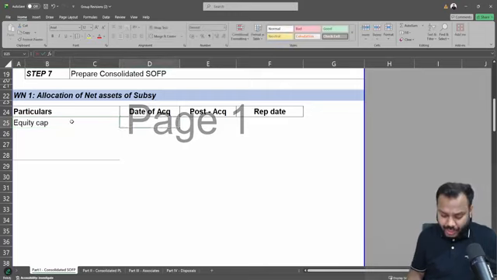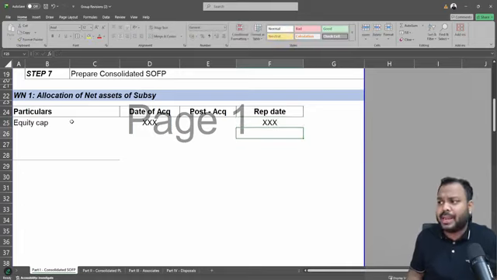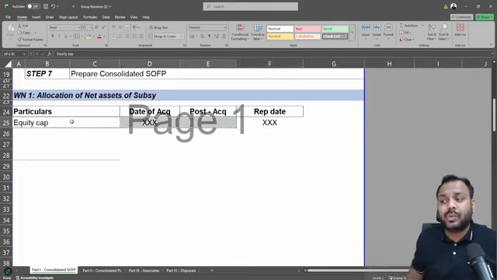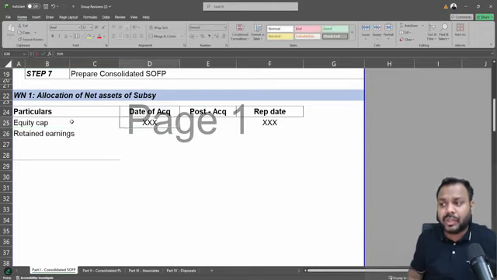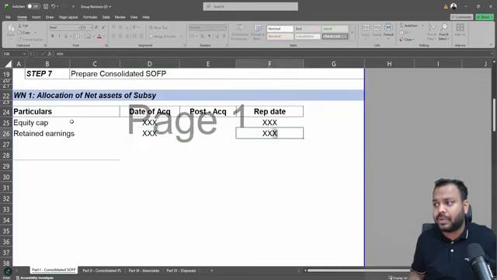Okay, so now equity capital on date of acquisition and reporting date ideally will be the same, unless the question specifically mentions that the subsidiary issues any new shares. Okay, then retained earnings on date of acquisition will be given in the question, on reporting date will be given in the question.